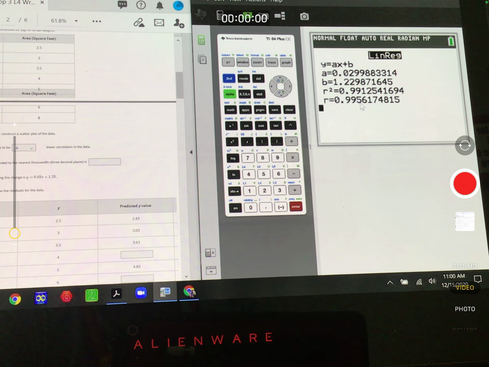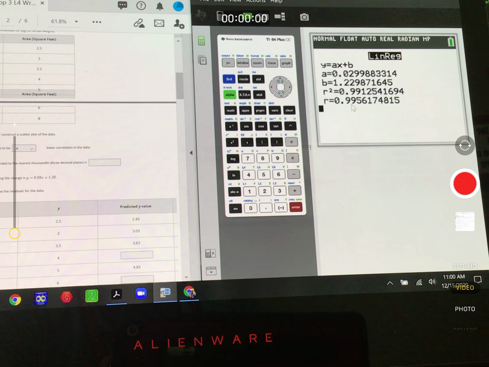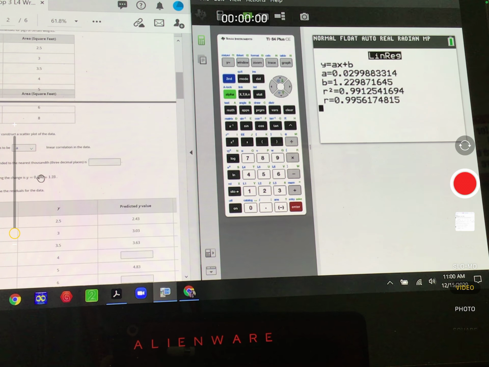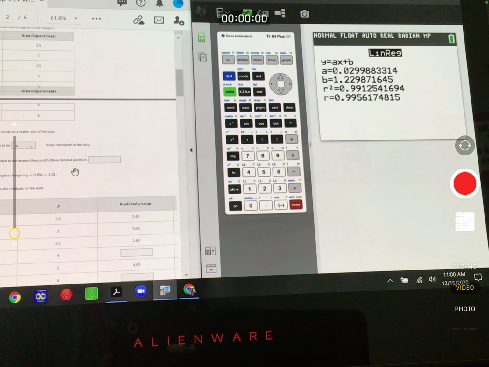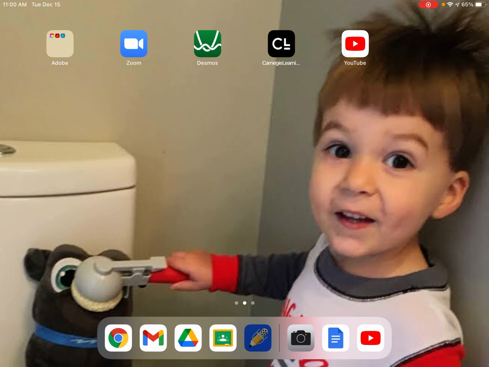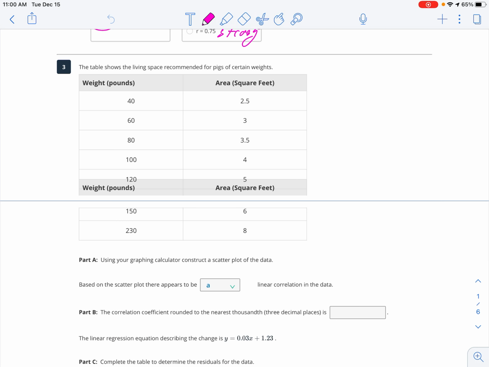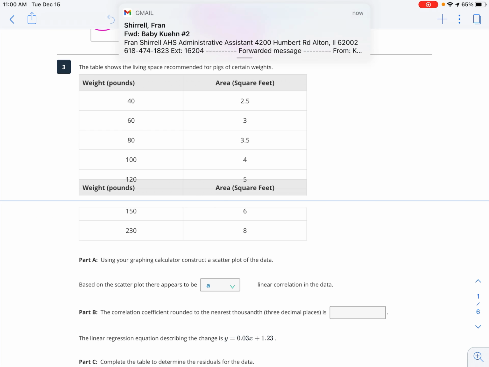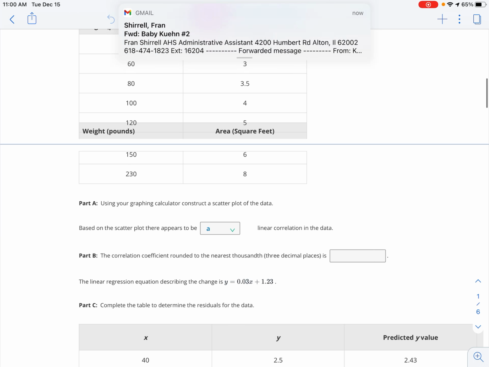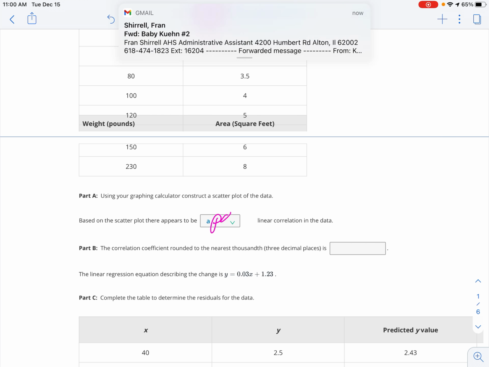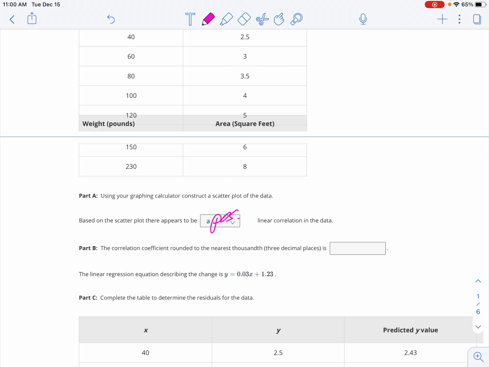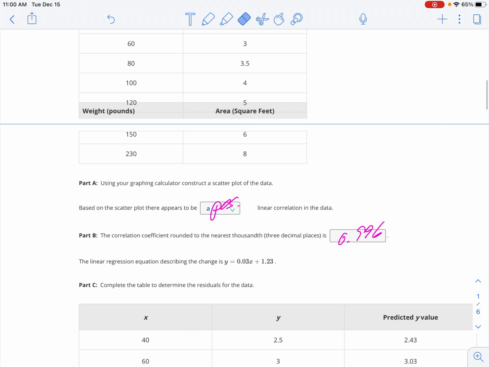It says the nearest thousandth, which is 3 decimal places, 0.996. Now, I already gave you the y equals mx plus b, the linear regression line, and this matches what is written right here. Let me go back to my screen. We said it appears to be a positive correlation, and 0.996 is our correlation coefficient.